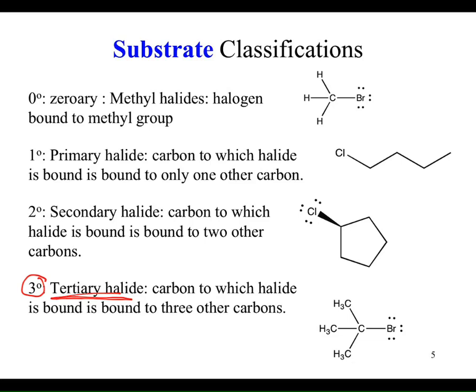Secondary, well, similar idea. We find the carbon where the halide is located. In this case, we have a chloro. So chlorine, there's our carbon, and we look around it for how many carbons are located. In this case, the structures are a little bit different because we've seen a wedge now being added to our structure, and we're not showing the 4th bond to a hydrogen.